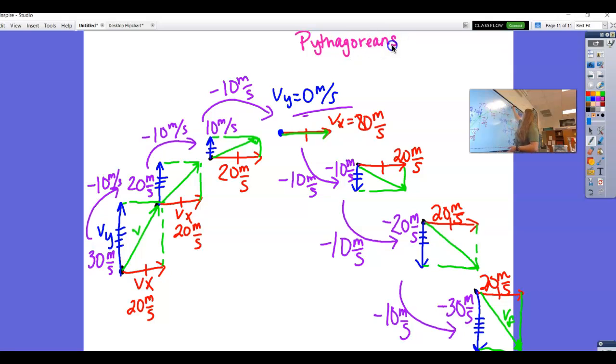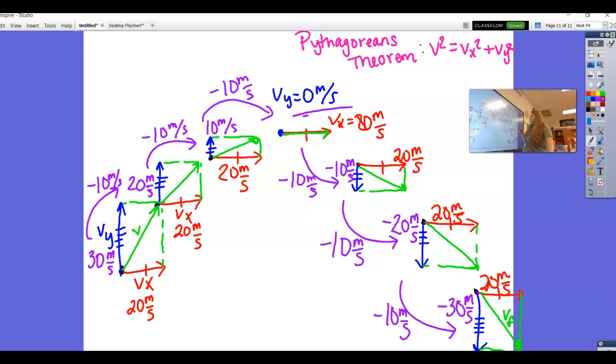Now, I'm not going to do it for every part, but we could find the velocity at every point. So our velocity squared equals Vx squared plus Vy squared. Our overall velocity V is going to equal the square root of Vx squared plus Vy squared.